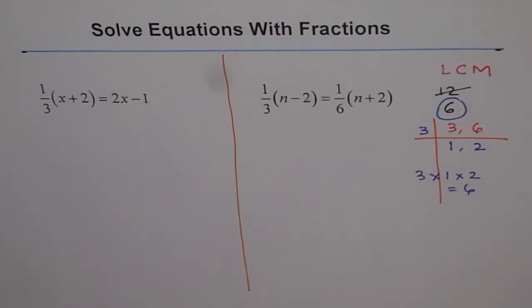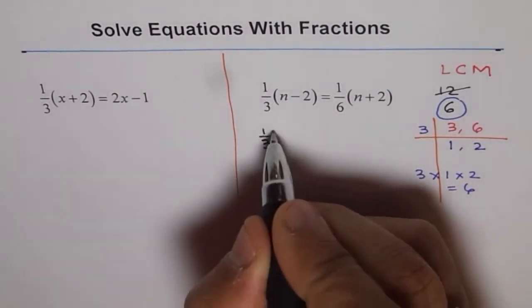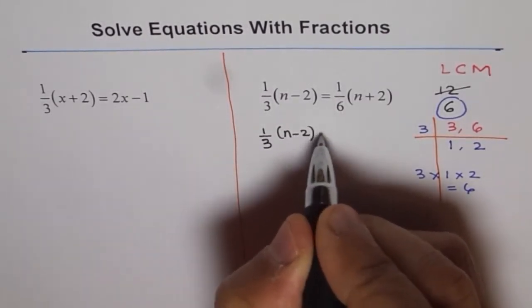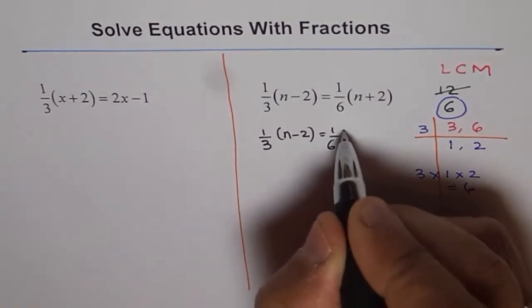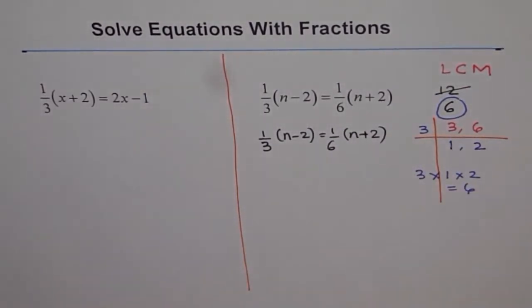So it's a good idea to multiply by 6 rather than 12, right? So that's the first thing which I want to tell you while solving such equations involving fractions. So let's do that. I'll rewrite the equation: 1 over 3 times n minus 2 equals 1 over 6 times n plus 2, and then we'll multiply by 6 on both sides.